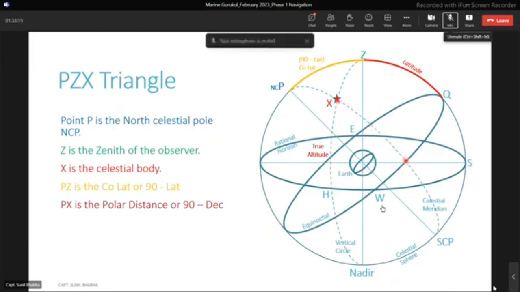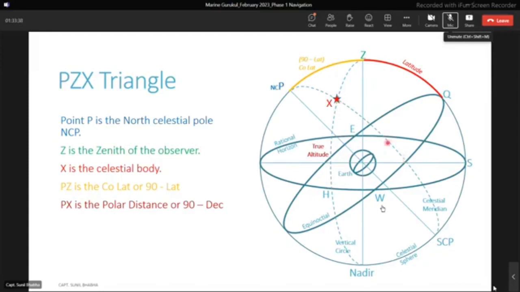I told you declination basically tells us how much north or south of the equinoctial a particular body is. So this arc represents the declination of the celestial body. It tells us how much north of the equinoctial our celestial body is.